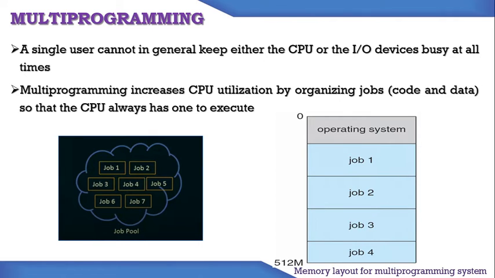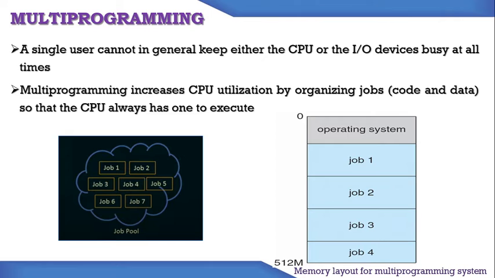When job 1 goes to use the IO devices, the CPU is not used and just stays idle without being used by any other job. That is a very inefficient way.